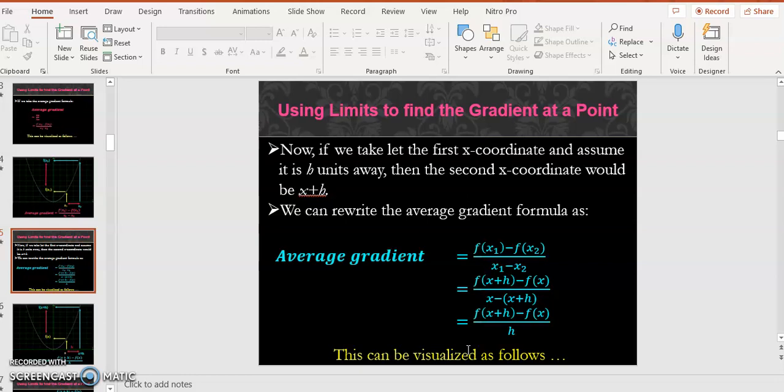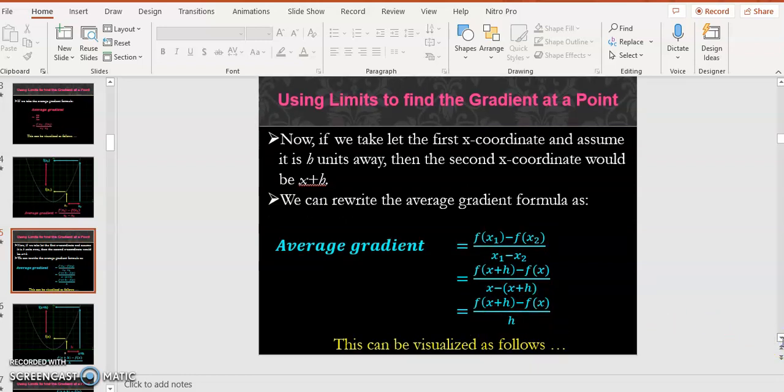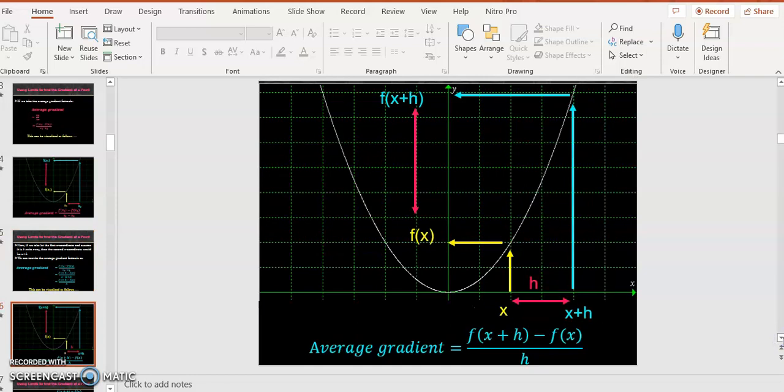All right. Okay, so here, now we are going to have x2 minus x1, which our x2 we call x plus h, then minus f of x, divided by our h, the change in x2 minus x1.